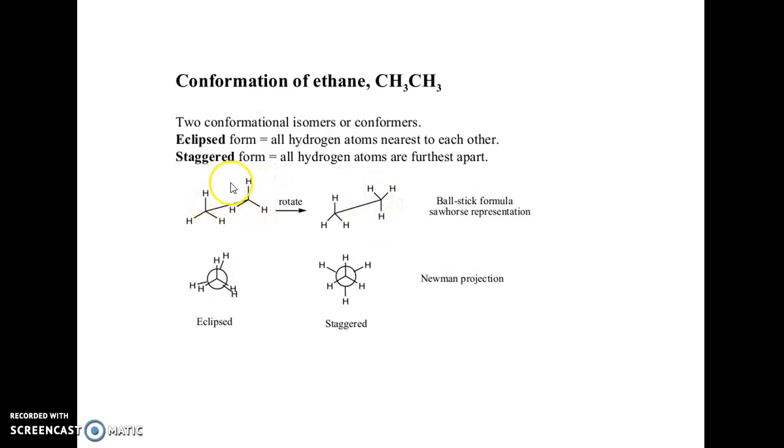You can see here all the hydrogens are nearest to each other, and here all the hydrogens are apart from each other. So this is the Sawhorse representation, and this is the Newman projection. This is the eclipsed form of ethane, and this is the staggered form of ethane. We will see later how to represent these on paper.